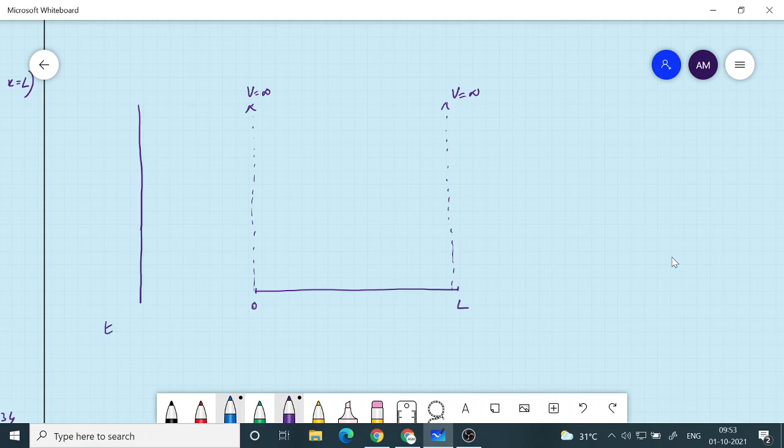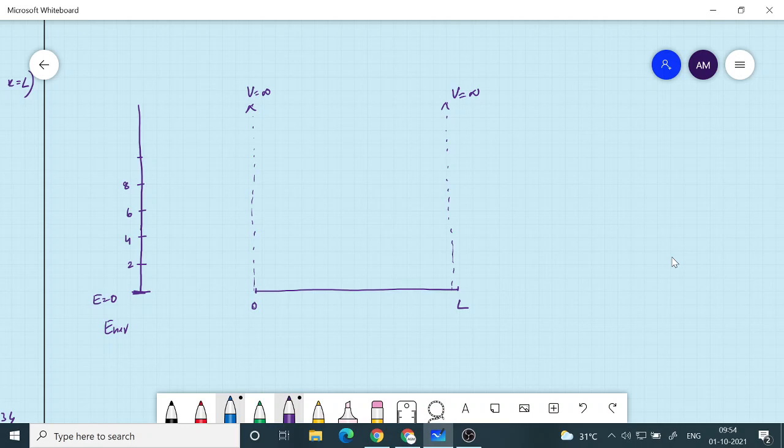So here I am just showing the energy level. So this is E equal to 0. The first energy that we got is 1.5. So 2, 4, 6, 8.